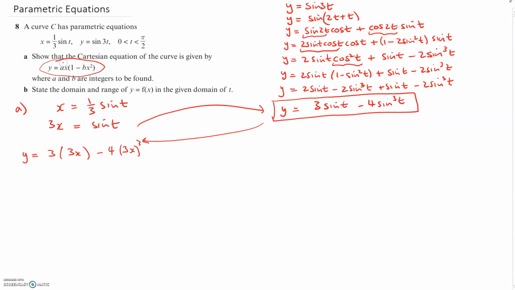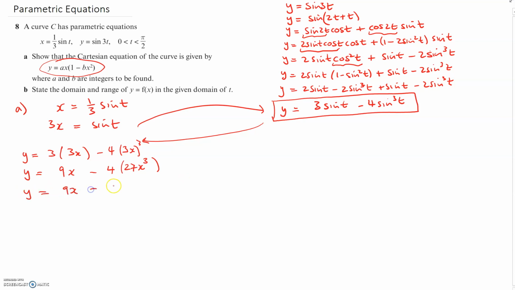All I need to do now is rewrite it so it looks like that and simplify it a bit. Okay, so I get y equals 9x minus 4, and I need to do the cube bit first. It's going to be 27x cubed.